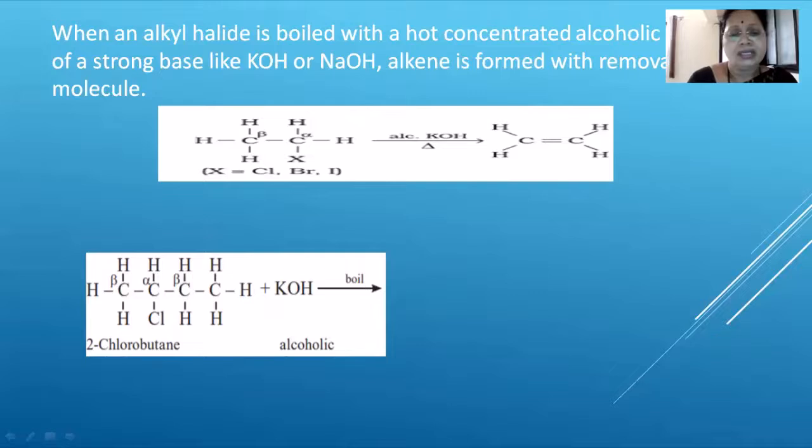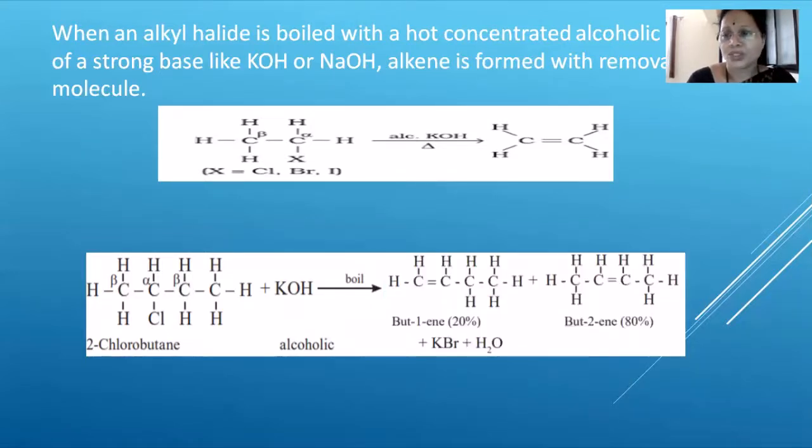Now here what happens, along with the halogen chlorine, removal of this one hydrogen atom can take place, or this other hydrogen atom will be removed. When hydrogen of this carbon is removed, formation of but-1-ene takes place. And when along with chlorine the other hydrogen is removed, the product but-2-ene is formed.